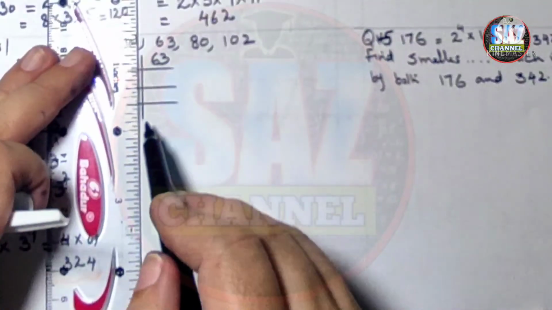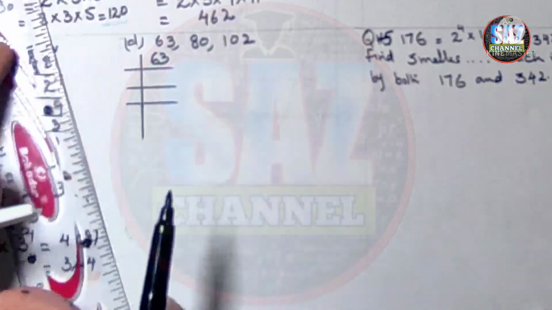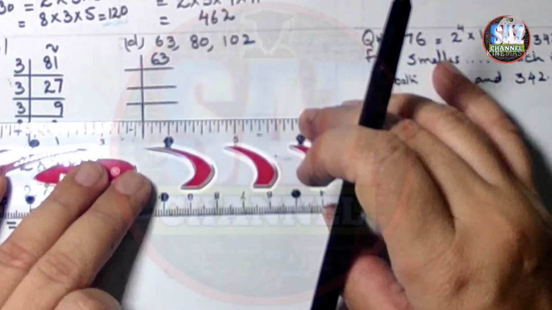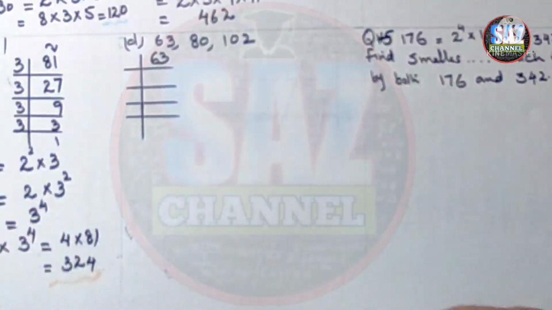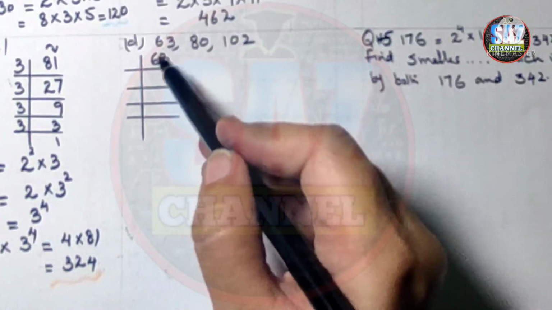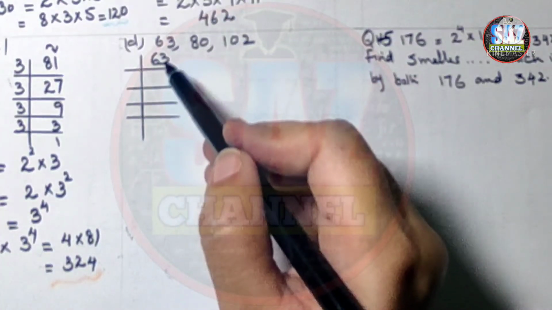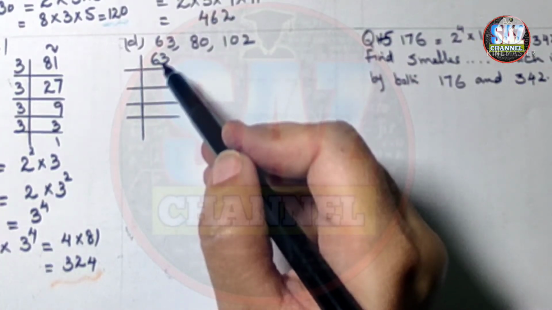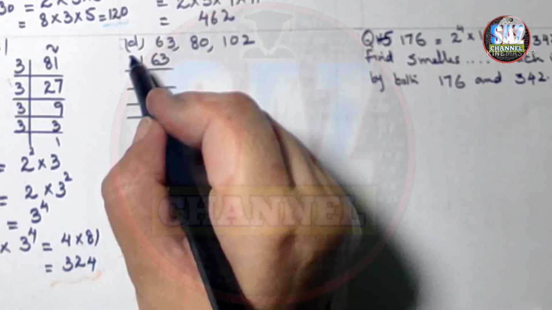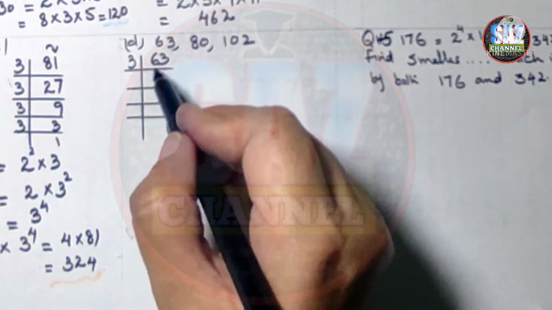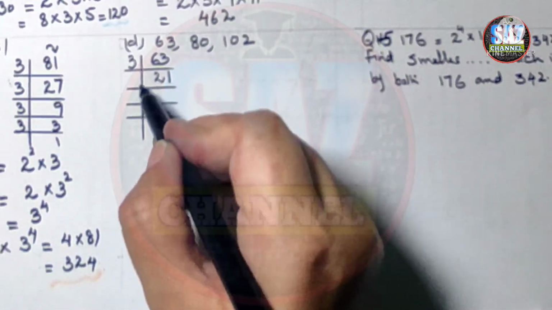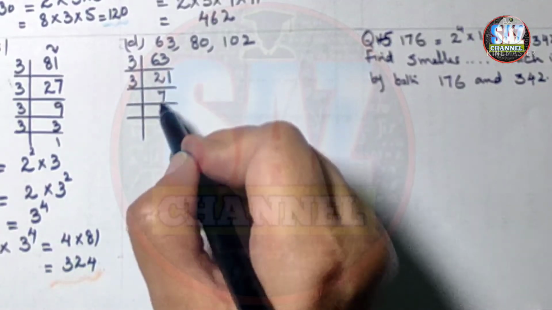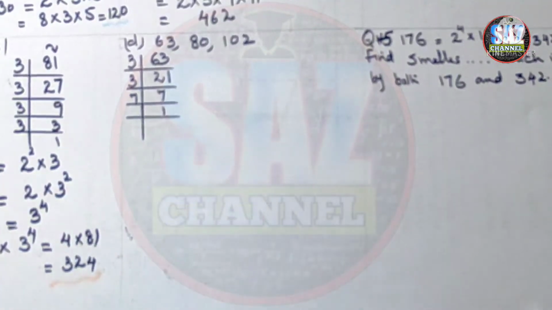It has to be either 2 or a multiple of 2, but it's not, so we cannot go for table of 2. 6 plus 3 is 9, and as the sum of the digits is divisible by 3, the whole number will be divisible by 3. So first I will start with 3 21s are 63 and 3 7s are 21. Again 2 plus 1 is 3, 3 7s are 21 and 7 1s are 7.